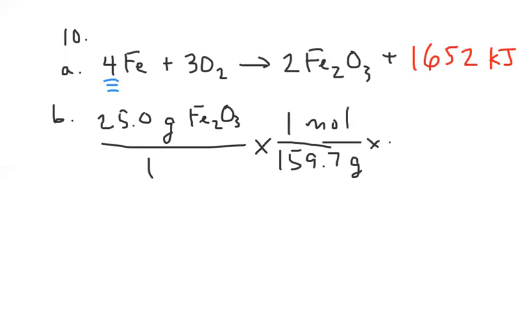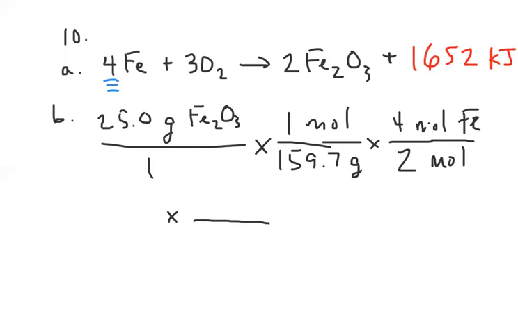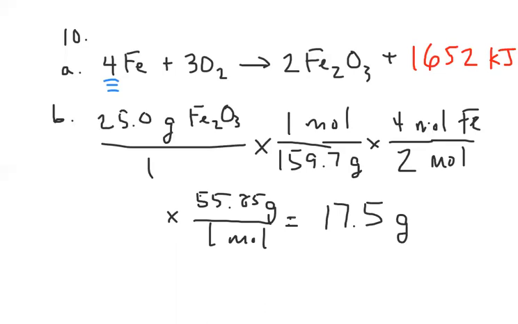And then we'll use the mole ratio to get to moles of iron. So it's 4/2. And then we're going to have to use one more fraction, the molar mass of iron, 55.85, to get to grams of iron, and I get 17.5 grams of iron.